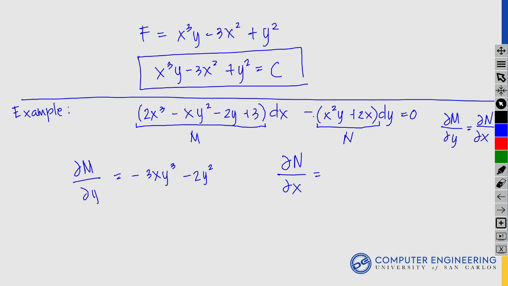Do not forget to incorporate the negative term there, especially if you're given this one, because the general format of this is supposed to be M dx plus N dy. So you should incorporate the negative into the coefficient N. That means we should work with minus x squared y minus 2x prior to differentiation.